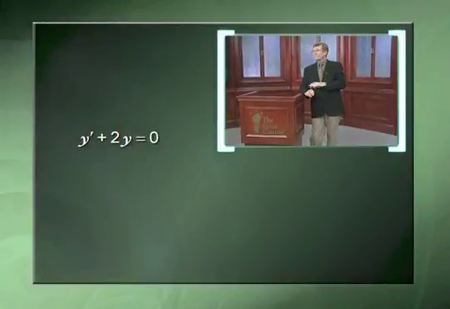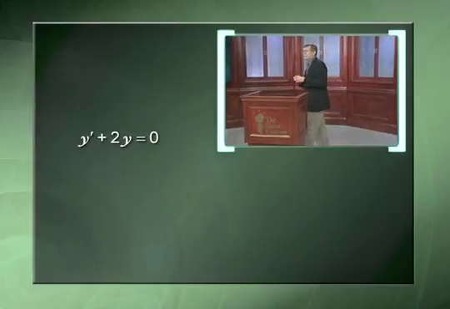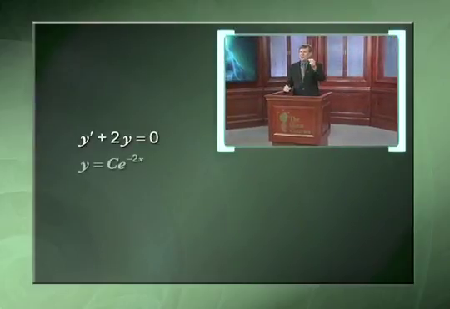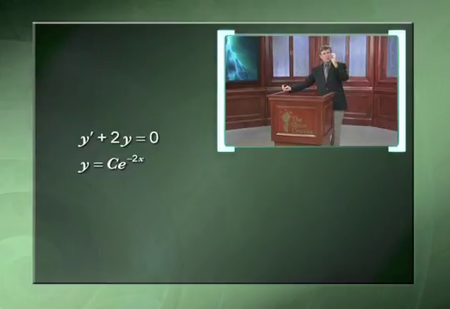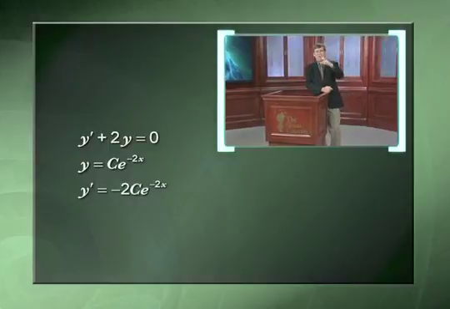Suppose I give you the first order differential equation y prime plus 2y equals 0. Can we verify that ce to the minus 2x is a solution? How would you verify it? Well, you would plug it into the equation. First, you'd have to know the derivative. So the derivative of ce to the minus 2x is minus 2 ce to the minus 2x.